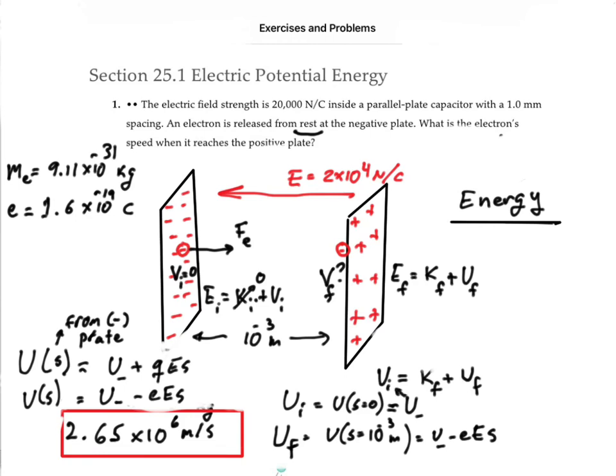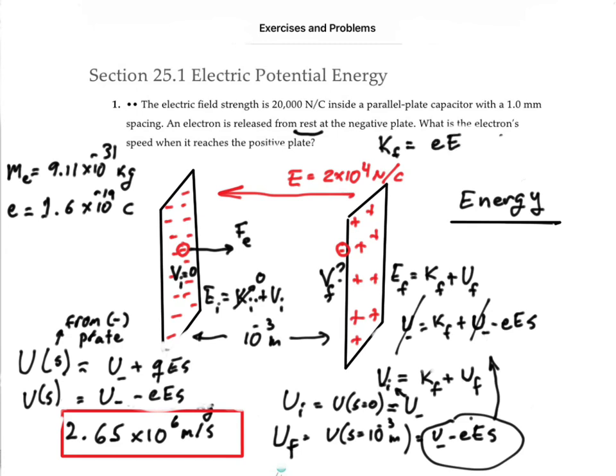We can plug in U minus for the initial potential energy and the U final. Notice that the U minus cancels on both sides of the equal sign. And we have an expression for the final kinetic energy, which should be equal to the charge of the electron times the electric field times the distance between the plates.